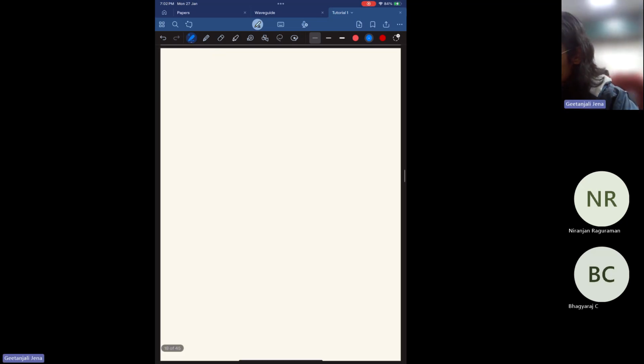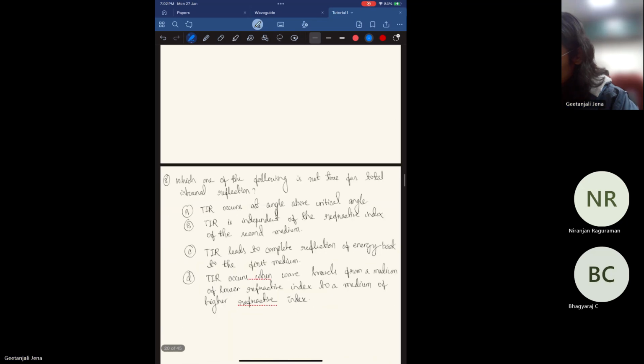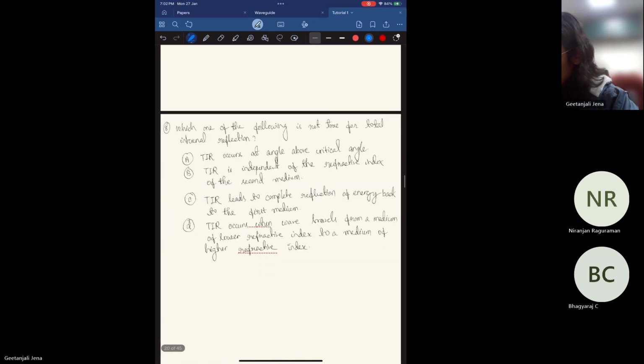Now let us move to the next question. So the next is a conceptual one. It's based on the total internal reflection concept.